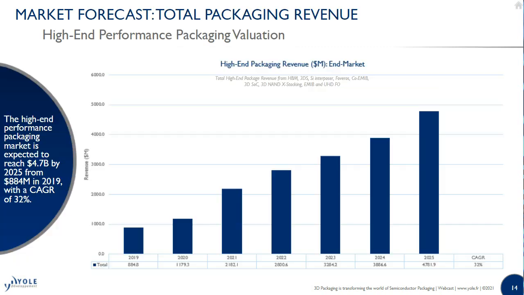All right, so moving on to this slide where we show the total market forecast revenue for high-end packaging. You can see that the high-end packaging market is valued at 0.8 billion in 2019 and projected to reach 4.7 billion by 2025, with a CAGR of 32% from 2019 to 2025.